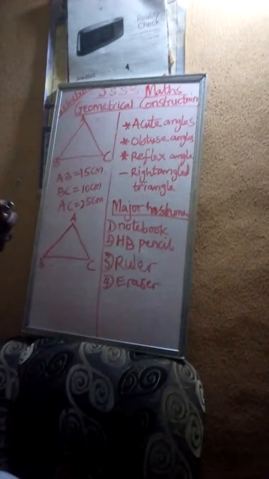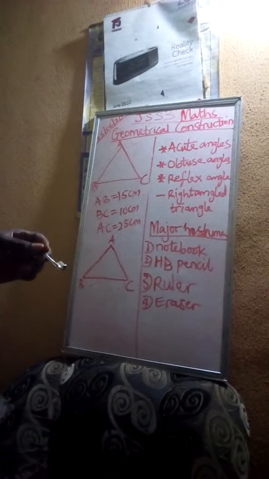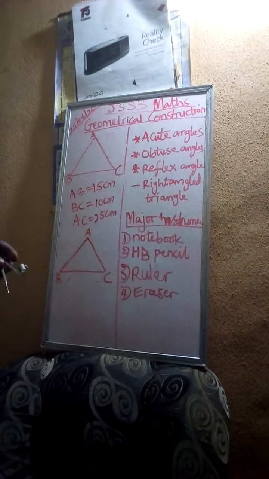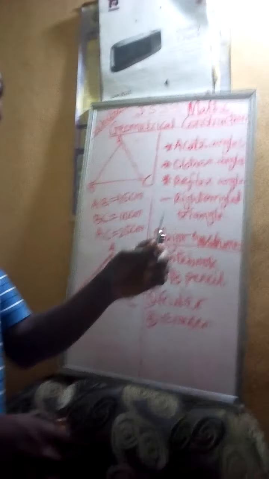You put the pencil inside your protractor. This is how to fix it. This is the protractor. Put the pencil. Fix it like this.